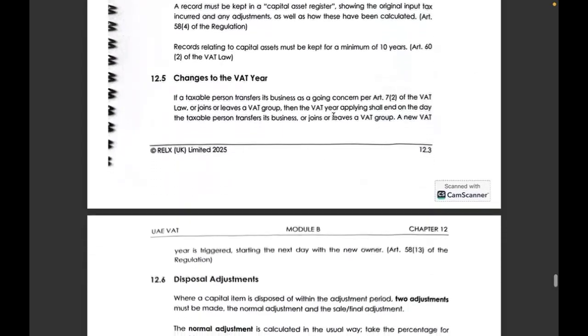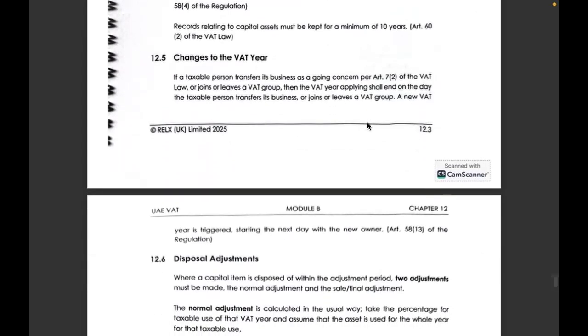Changes to the VAT year. If a taxable person transfers its business as a going concern, as per Article 7 of the VAT decree law, or joins or leaves a VAT group, then the VAT year applying shall end on the day the taxable person transfers its business or joins or leaves a VAT group.